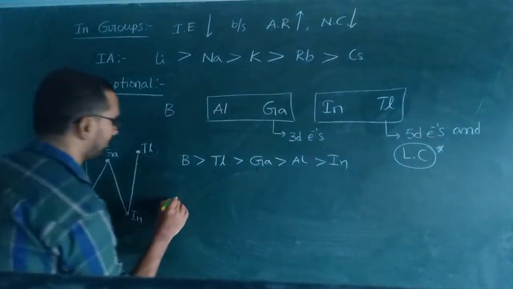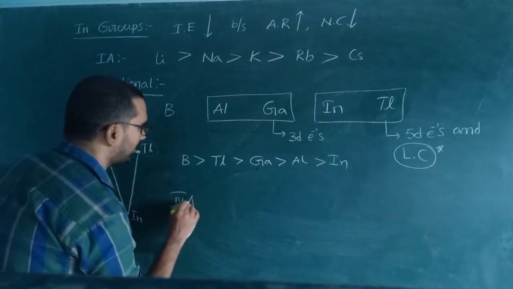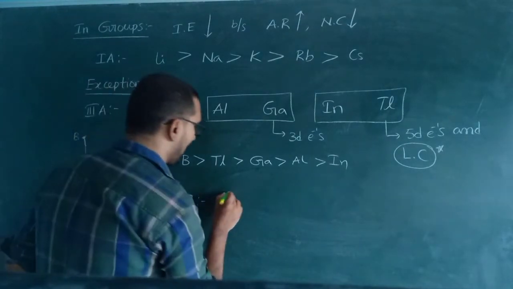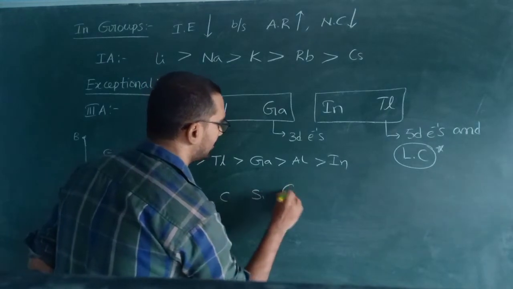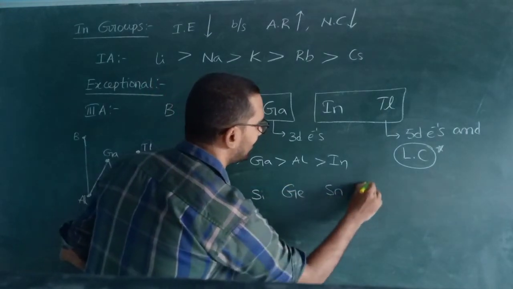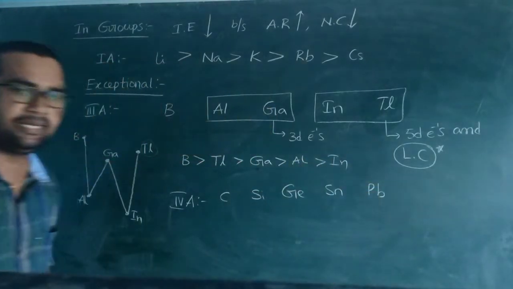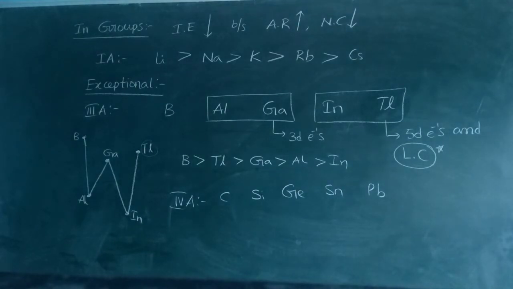Now come to the fourth A group. What are the fourth A group elements? Carbon, silicon, germanium, tin, lead. Here also same character we observed. What is that one, sir? Very simple.